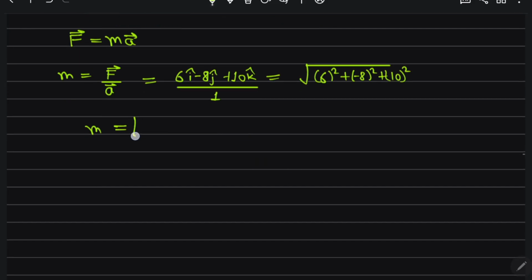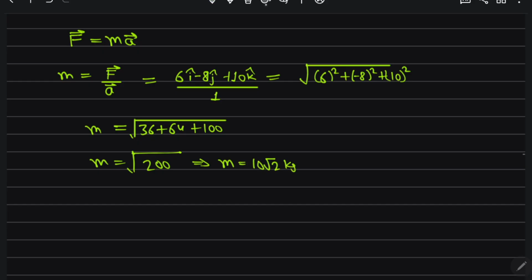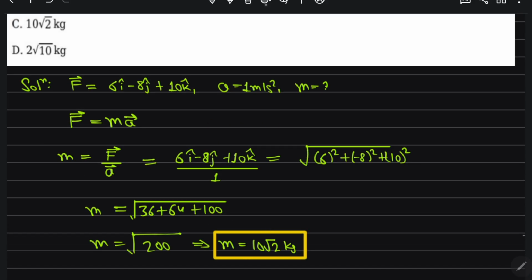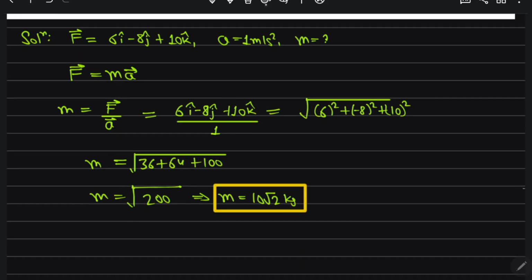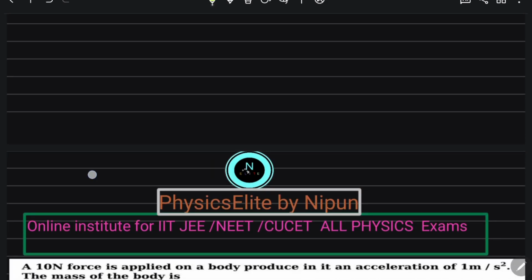So this comes out to be 36 plus 64 plus 100. So this comes out to be 100 plus 100, that is 200. So that is 10 root 2 kg. So which option? Option C is correct. So now we can do the next question.